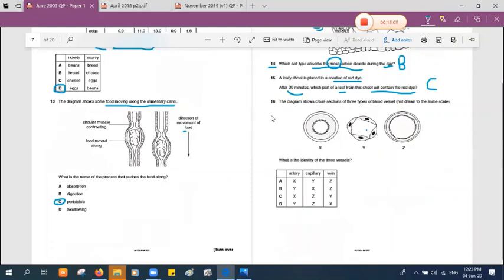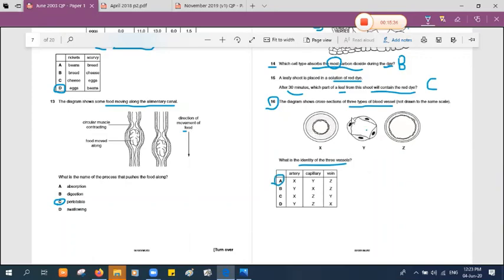Okay. 16, the diagram shows a cross section of 3 types of blood vessels, not drawn to the same scale, of course, X, Y, Z. What is the identity of the 3 vessels? Okay, here we have artery, capillaries, and vein. Yes, A. Okay, we'll tell you why.